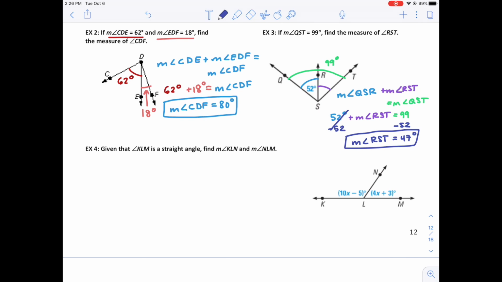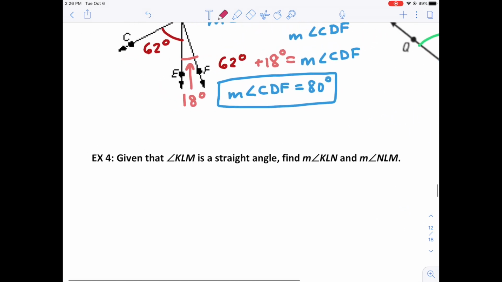So example 4 says, given that angle KLM is a straight angle, find the measure of angle KLN and the measure of angle NLM. So again, let's label, because I don't know about you, but that's a lot of letters and I need to help my brain out. So KLM is a straight angle. Think for a second, what is the measurement of a straight angle?